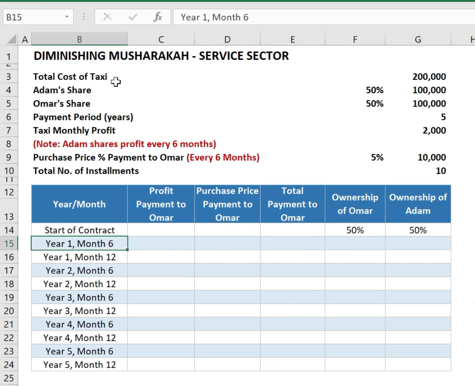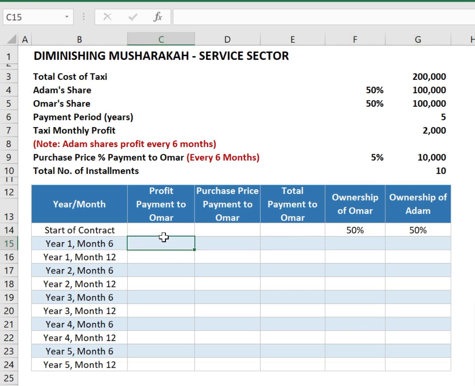That is the reason why, based on this schedule, there are 10 installments. So we need to complete the schedule. At the start of the contract, Omar has 50% ownership interest, while Adam has the same ownership interest.